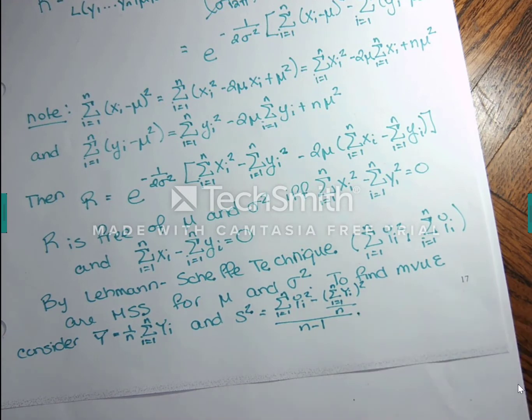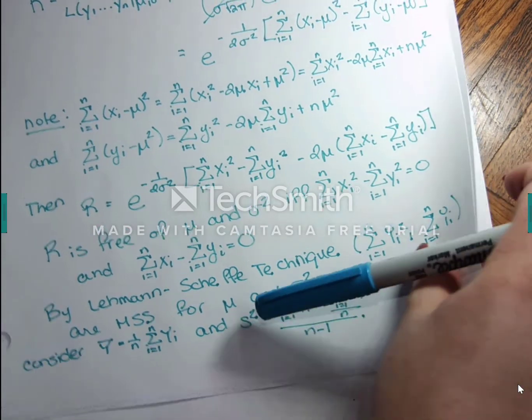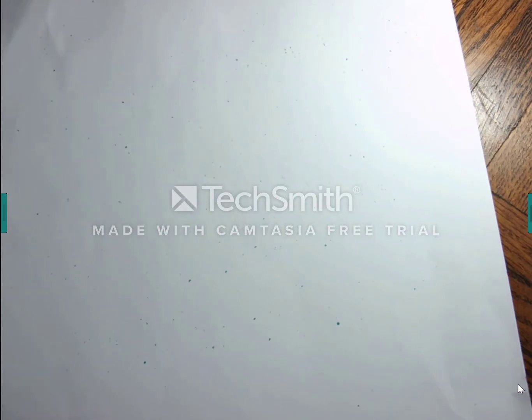And we've previously shown that both of these are unbiased estimators. And then since the y bar and the s squared are both functions of the MSS, y bar and s squared are MVUEs of mu and sigma squared. All right, on the next page.